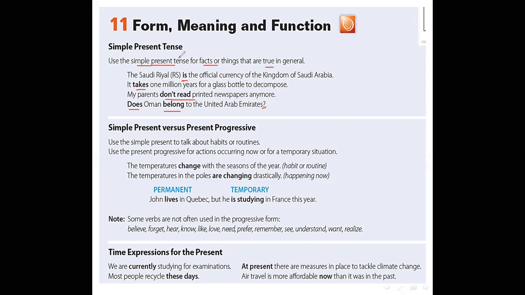Now, who can tell me the form of the simple present? Excellent.